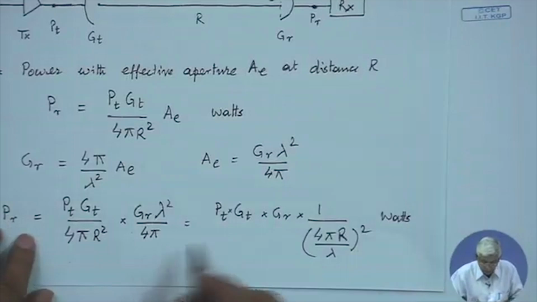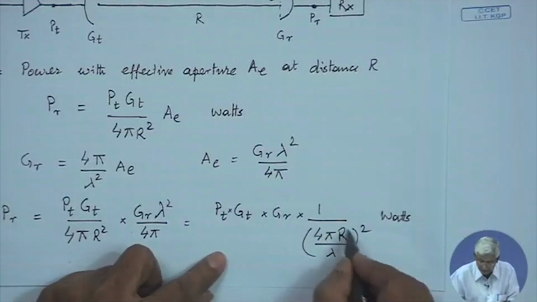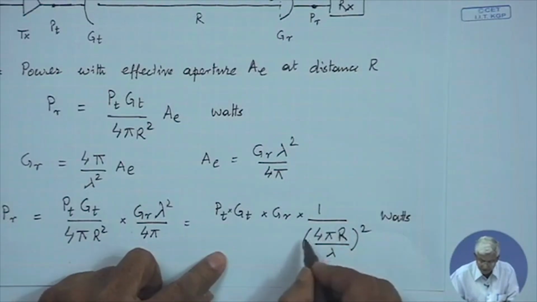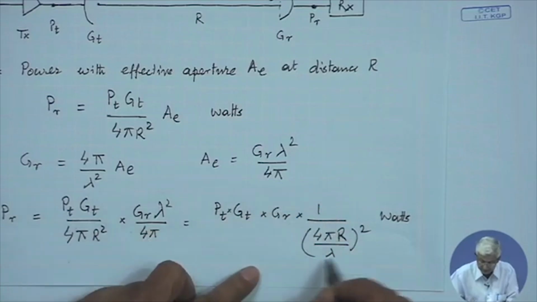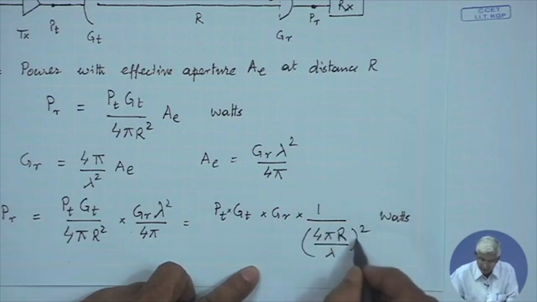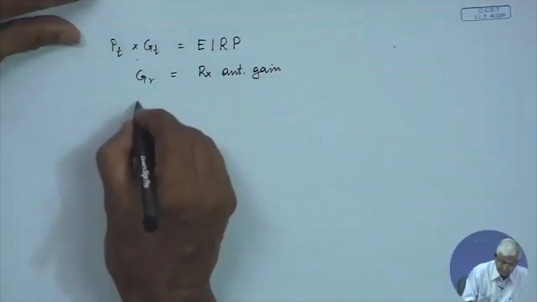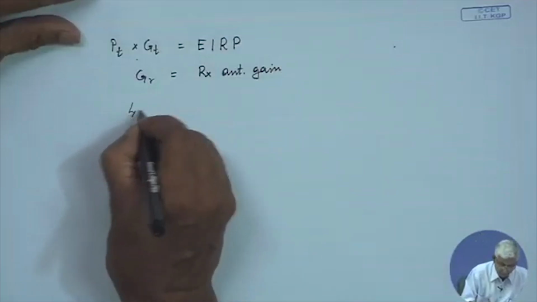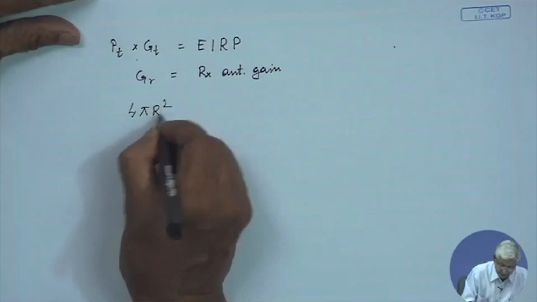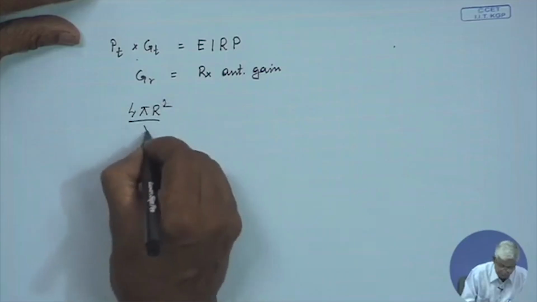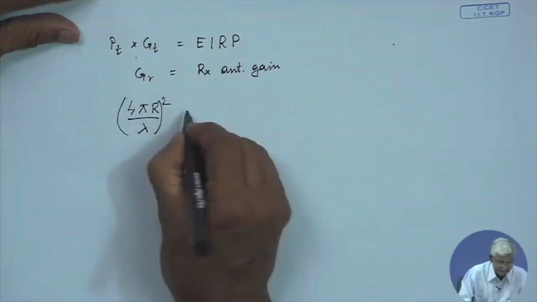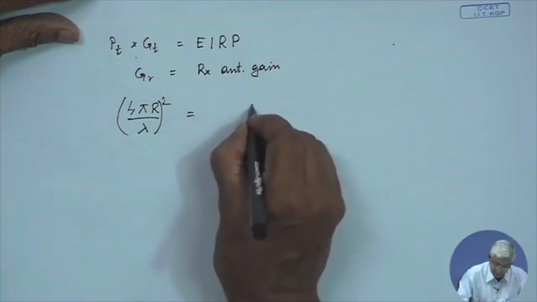Now, this power is reduced by a factor of 4 pi r by lambda whole square, so 1 by this factor could be treated as a loss.